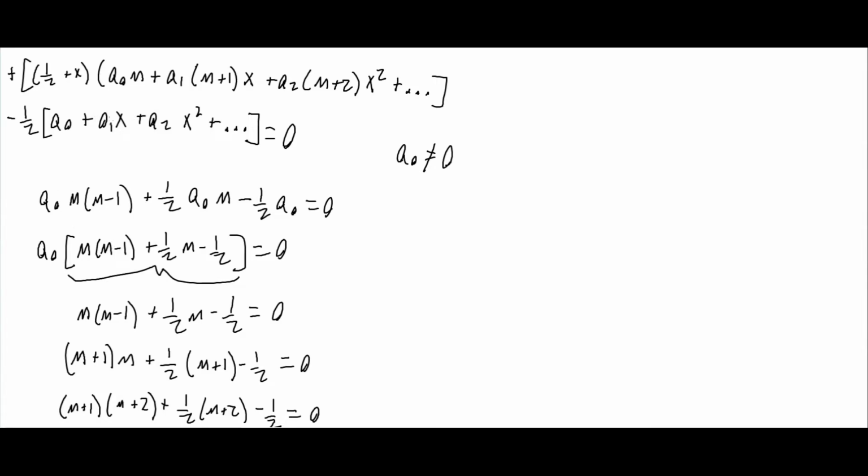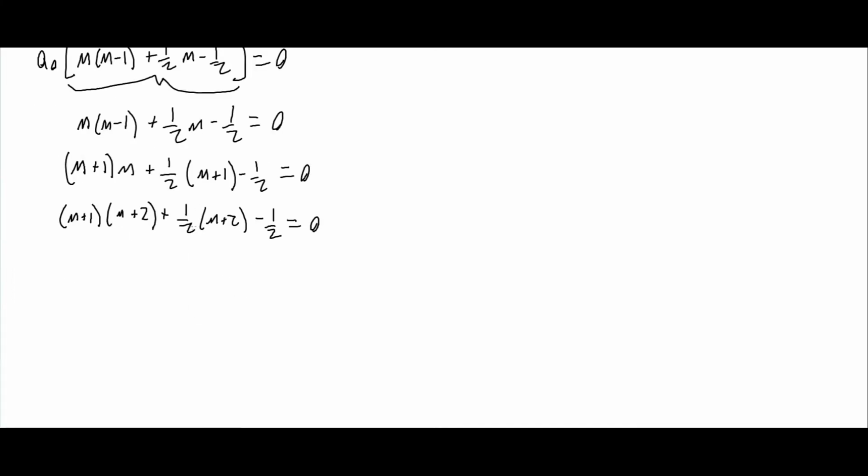This here should be an a, so an a sub 1. But anyway, like I said, these go off to infinity, but what we end up having here are called our indicial equations.